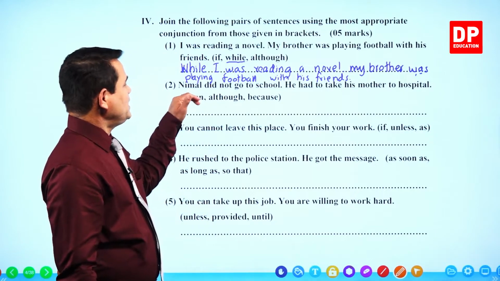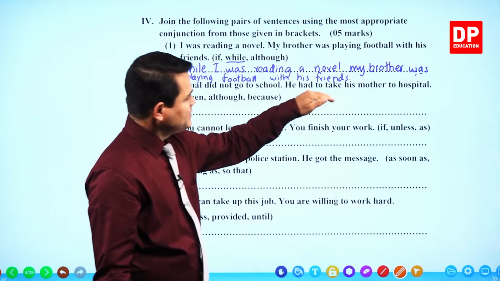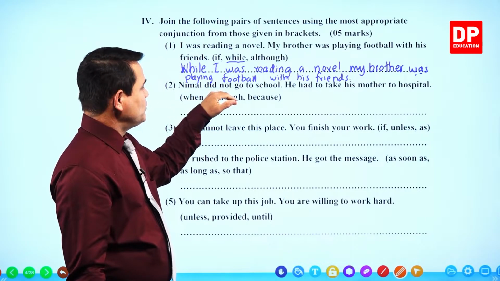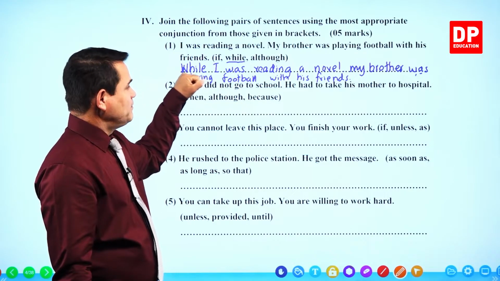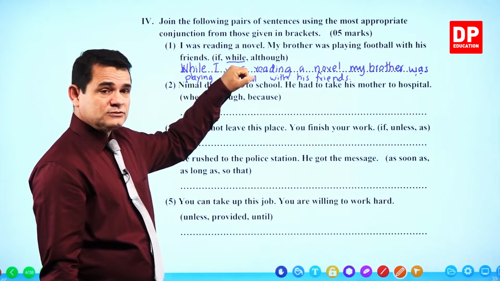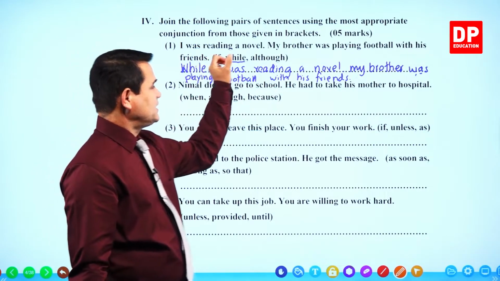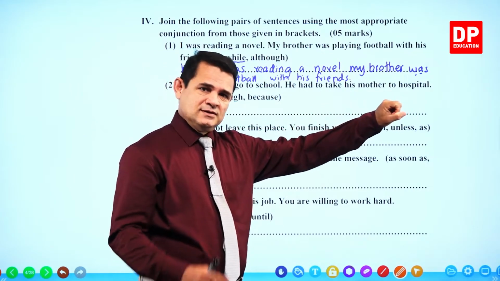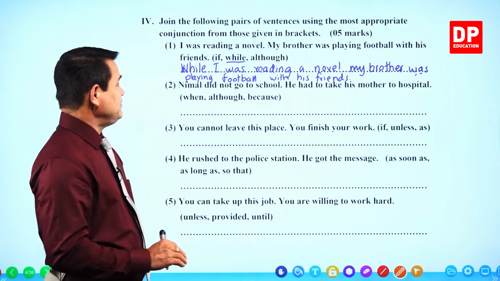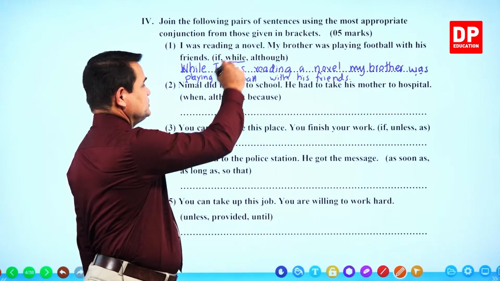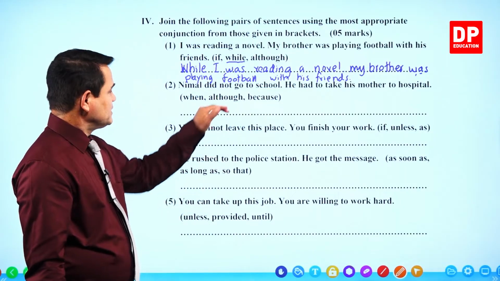So while I was reading a novel, my brother was playing football with his friends. ඒක අනිත් පැත්තට කියන්න පුළුවන් while my brother was playing football with his friends කියලා මේක ළඟට කියනවා I was reading a novel. Both way is okay. ක්‍රම දෙකටම හරි. But anyway, the correct word is the word while. There are 3 words given. Look at the next one.